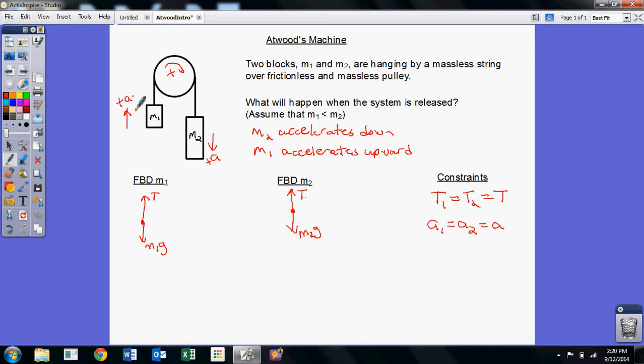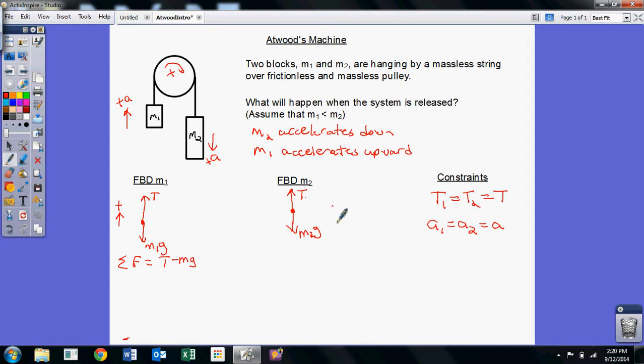Okay, so now I want to set up my force equations. The sum of the forces for M1, since up is positive for this one, I'm going to write as T minus M1g.